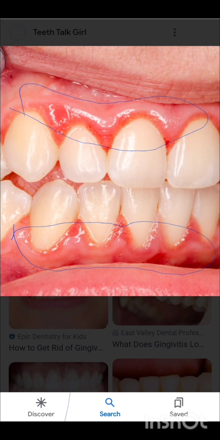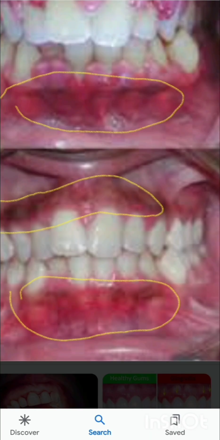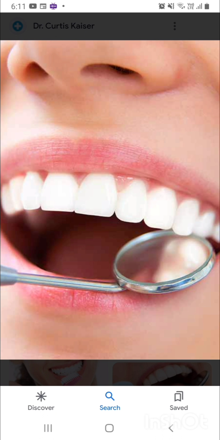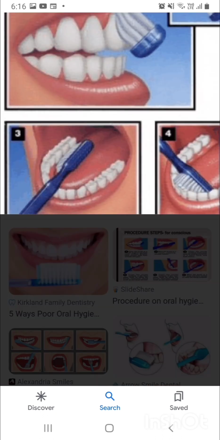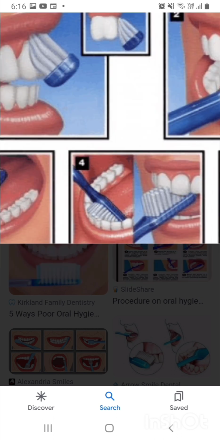And then another thing that you should not do to avoid gingivitis is avoid unnecessary putting of hands or your fingers or pen or some objects in the mouth, because sometimes you find someone touching and checking his teeth with his fingers, and sometimes the finger is not that clean.